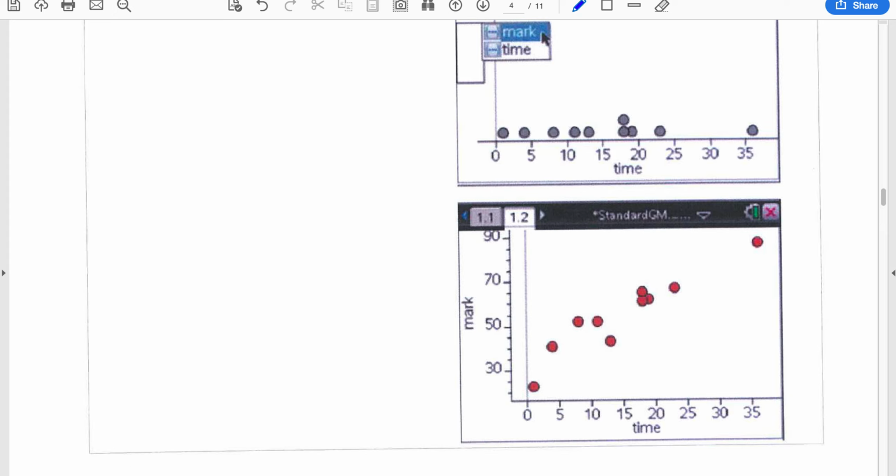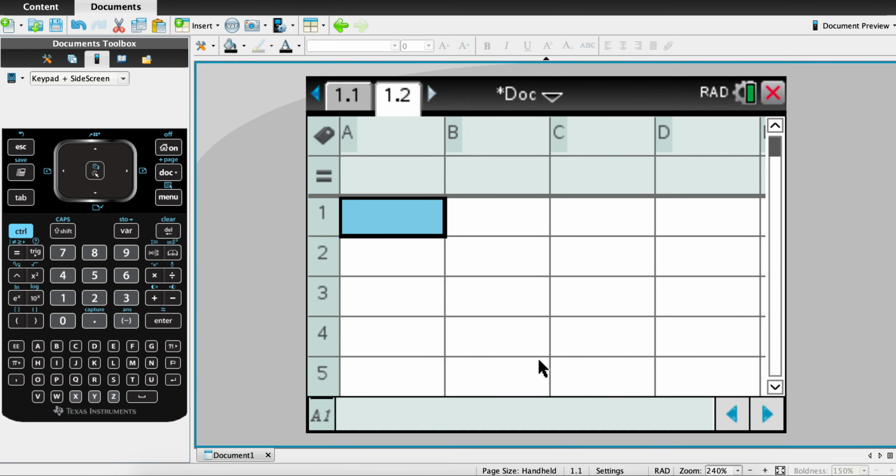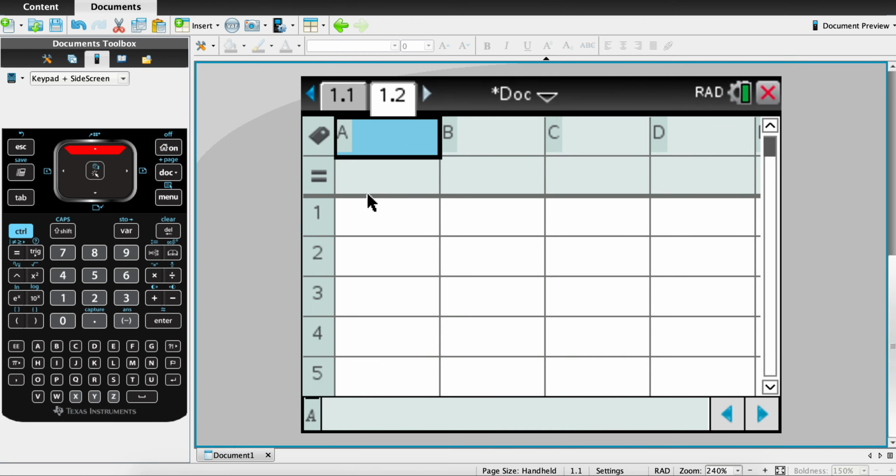So if I go to my calculator, you'll notice I clicked on this one, lists and spreadsheets. I'd like you to do that, and in lists and spreadsheets, you're going to use two columns here, column A and column B. And you're going to enter your data into those columns.